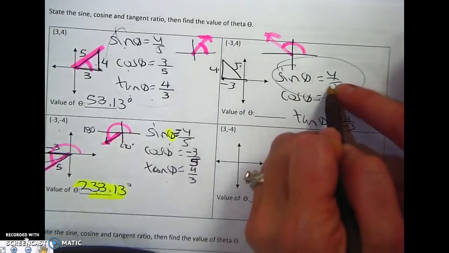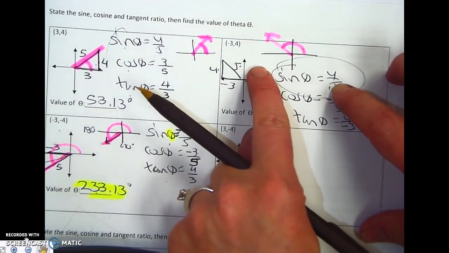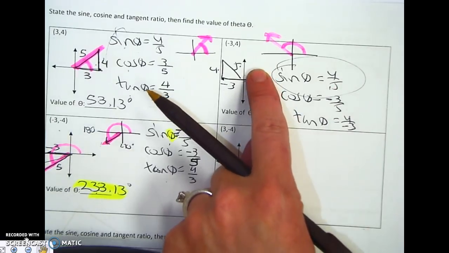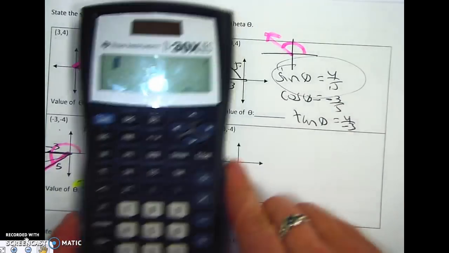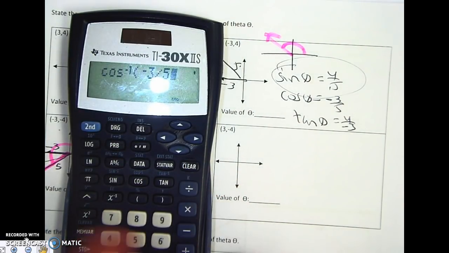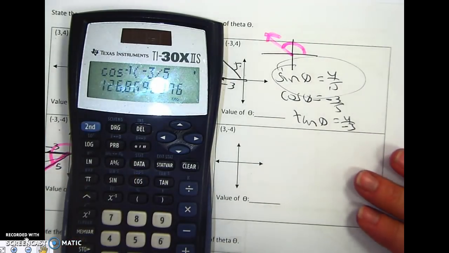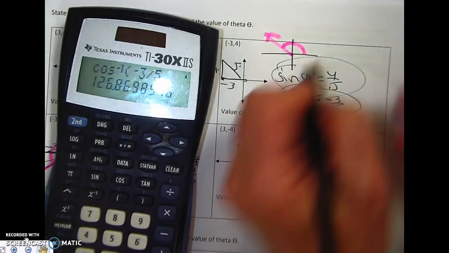Now, I've gotten pretty good that I know that when it's positive, my calculator thinks it's in the first quadrant because everything's positive. So maybe I go, well, I know it's not in the first quadrant, so I'll try cosine. So I go inverse cosine of negative 3/5. Because I can use whatever one I want. 126.87. Yes, that tells me it's in the second quadrant. So using that one was good to go.